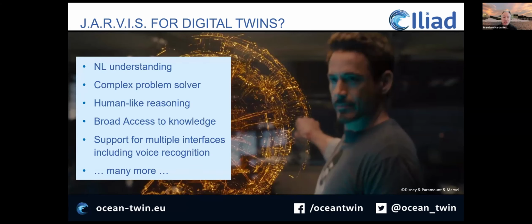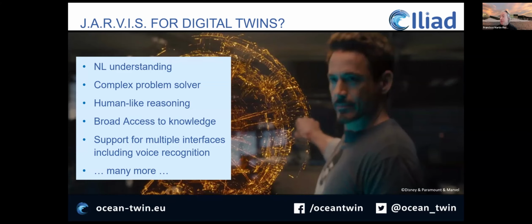Now, this is of course still science fiction, but we are not as far from there as we thought. It is a system capable of understanding natural language. It is able to solve very complex problems. It can actually apply some human-like reasoning. It has broad access to knowledge, so the full internet was accessible to Jarvis.